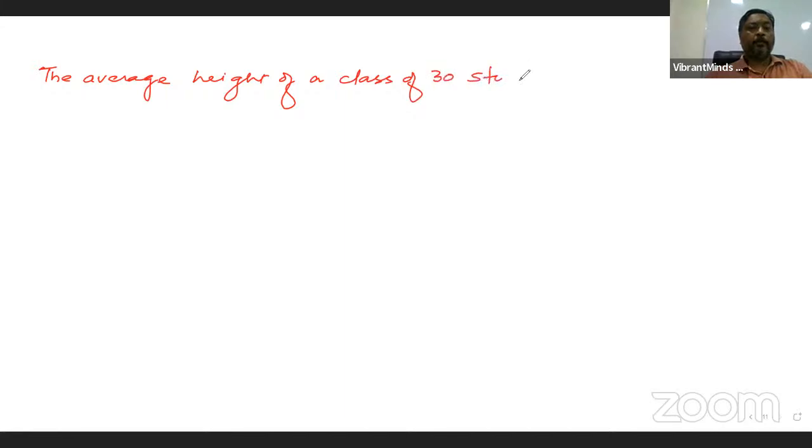Let's say the average height of a class of 30 students is 166 centimeters.